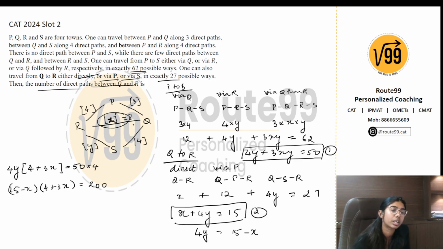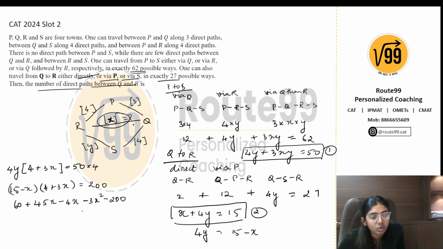Now you will get a quadratic equation if you open this. So what will you get? 15 into 4 is 60, plus 45X minus 4X minus 3X square is equal to 200. Taking all these terms to the other side, you will get 3X square minus 41X plus 200 minus 60, 140, is equal to 0.